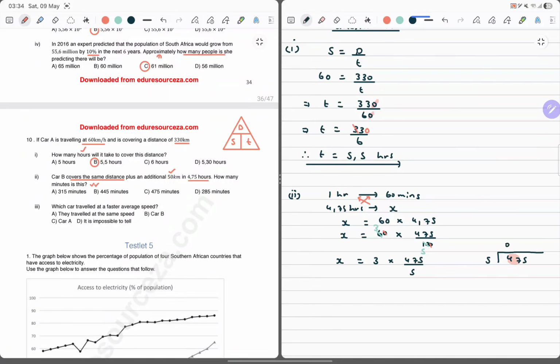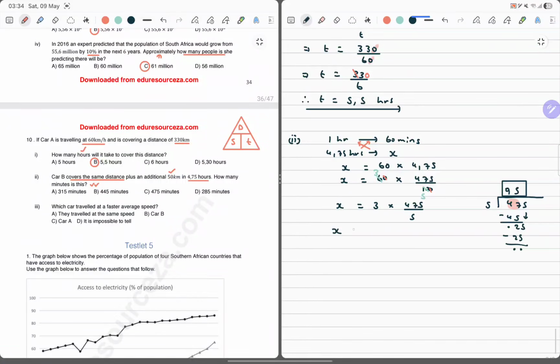9 times. 9 times 5 is 45. Okay, 7 minus 5 is 2. 4 minus 4 is 0. We drop the 5. 5 into 25 goes 5 times. 5 times 5 is 25. This is 95. So this means our x is going to be 3 times 95.